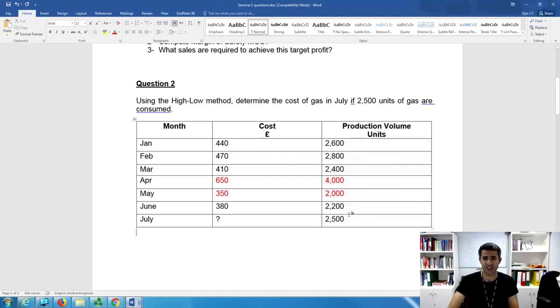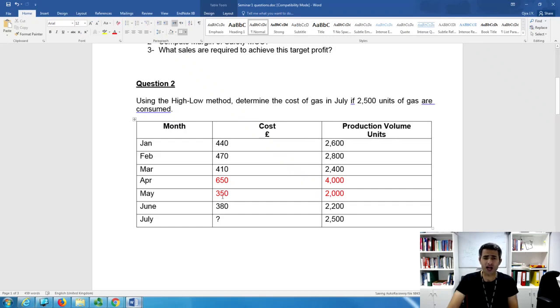It doesn't matter. Let's take the lowest, easy. If you look here, the 2,000 units equal 350 pound. So the total cost is 350 pound, and this 350 pound is divided into variable cost and fixed cost.